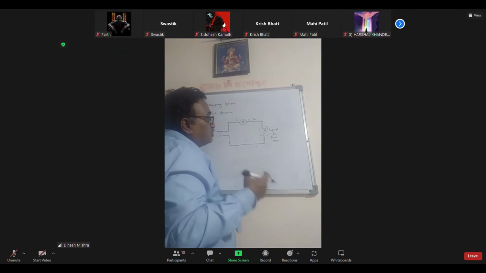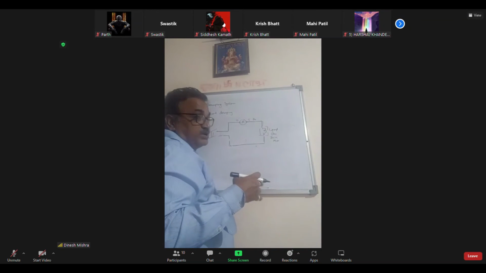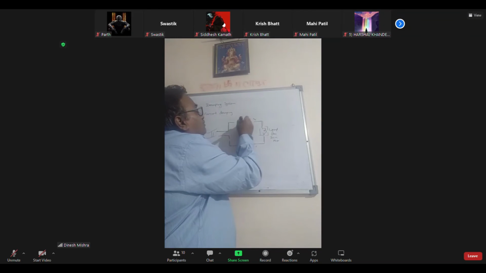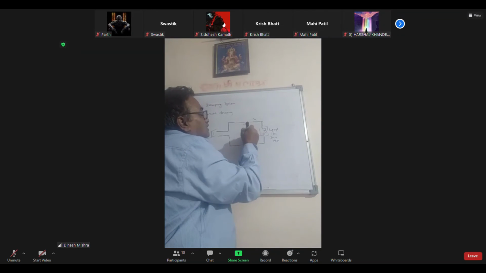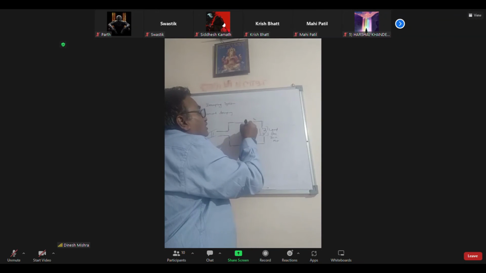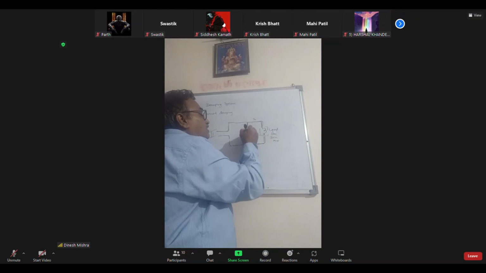Understand? Suppose I ask you to measure the voltage, what will we do? Instead of the ammeter, I will put the voltmeter, but the voltmeter is connected in parallel to the circuit. One end of the wire will go to the voltmeter, from the voltmeter to the lamp, from the lamp back to the voltmeter. It is parallel.